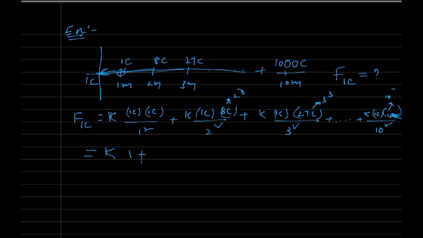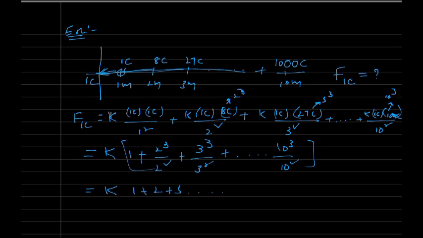So this is 2 cube by 2 square and 3 cube by 3 square, similarly so on, 10 cube by 10 square, right? So what I'm getting finally is a simple expression like 1 plus 2 plus 3 and so on up to 10 terms. Okay, so this is a mathematical approach.